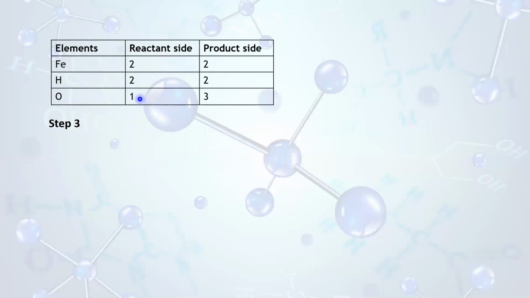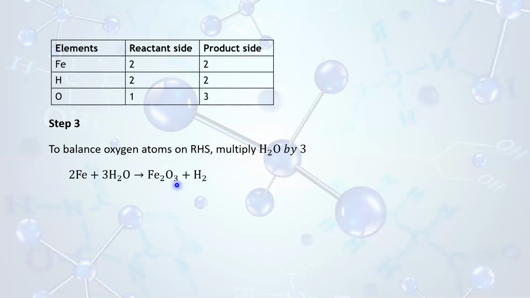As you can see here, only one atom is there on the reactant side. But on the product side, 3 atoms are there. So we have to balance the oxygen atom. To balance the oxygen atom on the RHS, multiply H2O by 3. See here, we have to multiply here by 3.